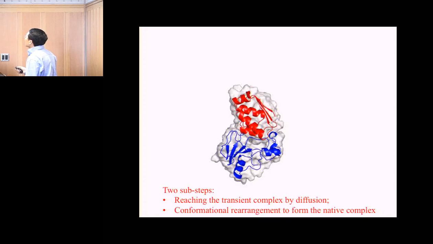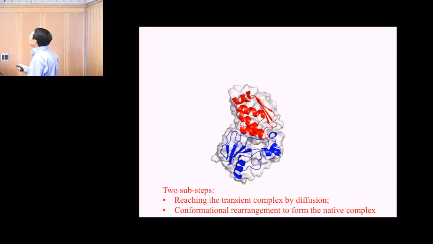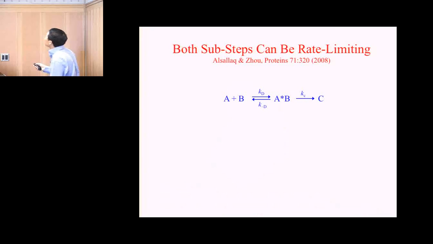The first is the process of reaching the transient complex, and this is done by translational and rotational diffusion of the two subunits. That's followed by further conformational rearrangement to form the native complex. Now, potentially both steps can be rate limiting, and we can capture the two steps in a simple kinetic model.